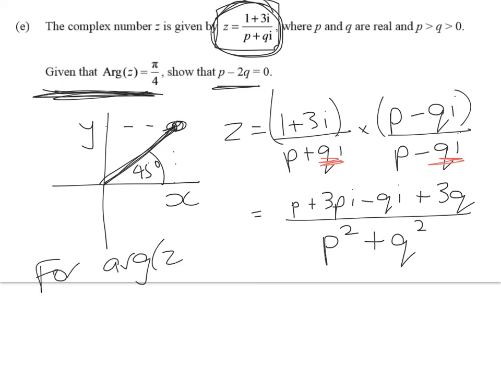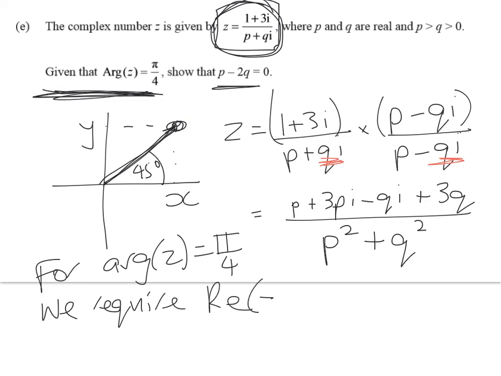So for arg z equals pi on 4, we require the real part of z to equal the imaginary part of z. So we need to write something down like that. So let's take a look at what we've got to work with. Well, we don't even have to worry about our denominator because it's the same for both. I'm going to take a new slide to do this though, so that we have a bit more room. Okay, so what have we got?